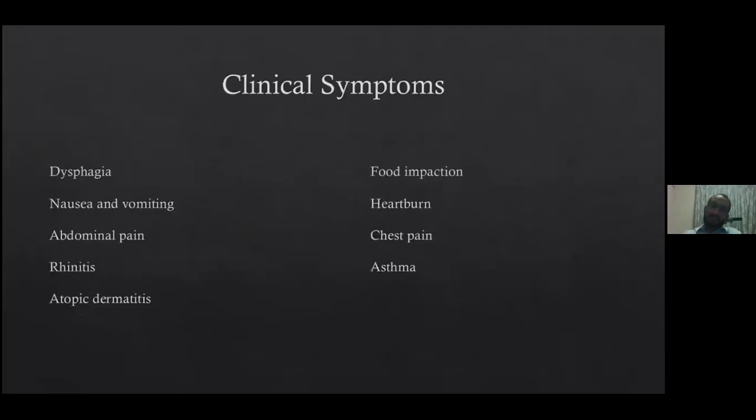Start with the clinical symptoms: dysphagia, food impaction, nausea and vomiting. It can present with heartburn, abdominal pain, chest pain, and also with rhinitis, asthma, and atopic dermatitis.